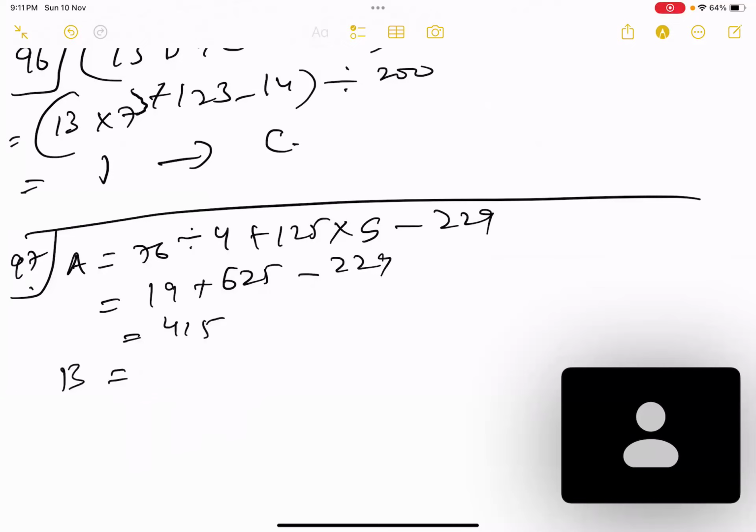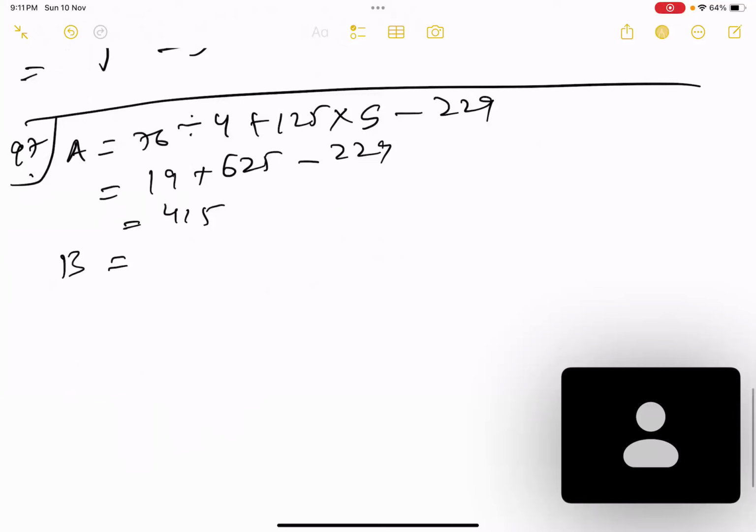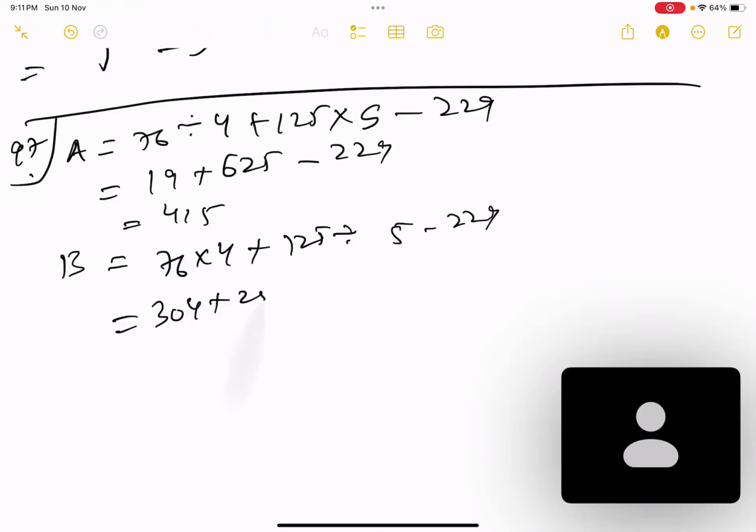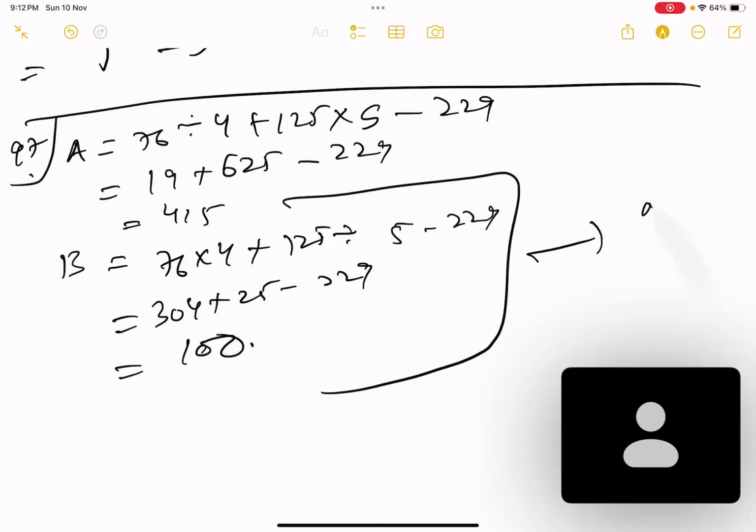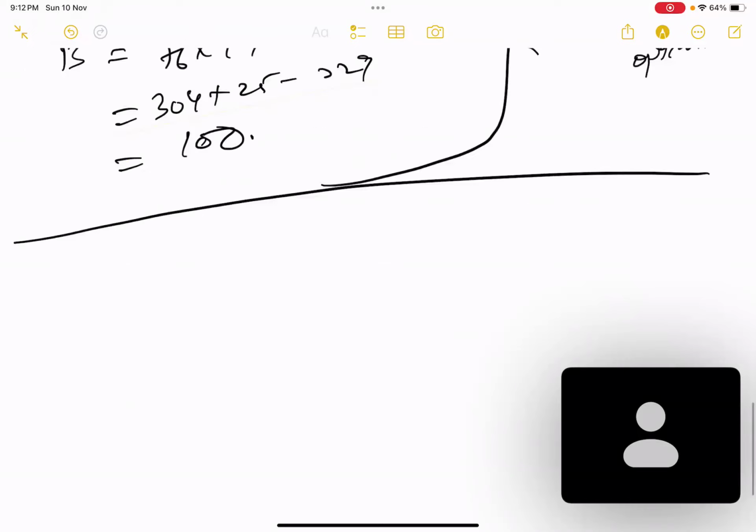And B is 76 into 4 plus 125 divided by 5 minus 229, which is equal to 304 plus 25 minus 229, which is equal to 100. So all options are right. Yes. So they might likely award equal marks to everyone.